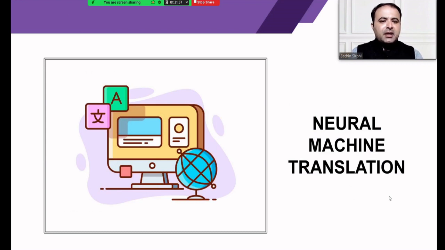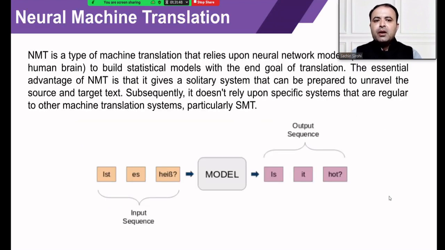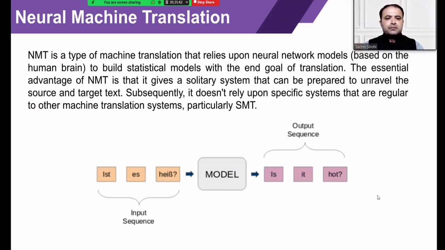Now the first topic is neural machine translation. So what is neural machine translation? Neural machine translation is a type of machine translation that relies upon a neural network model based on the human brain, just like the human brain. In our brains there are neurons and analytical powers to build a statistical model with the end goal of translation.